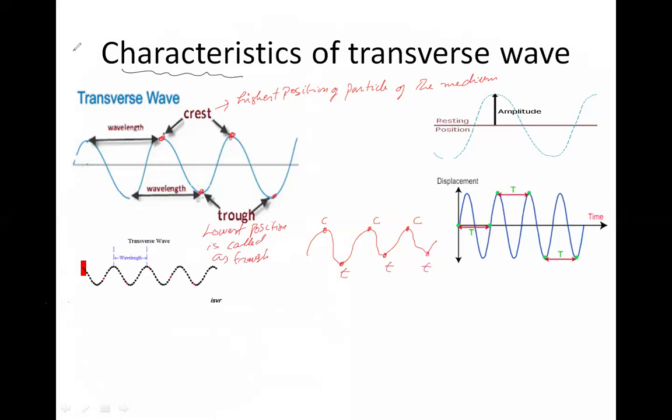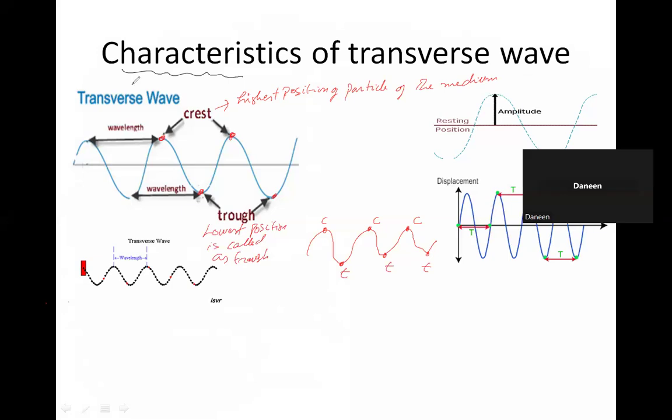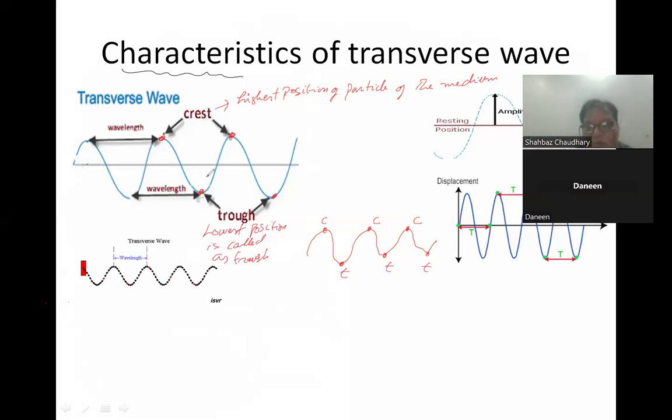So the highest position is called the crest, and the lowest position is called the trough. Any problem about the crest and trough? No. Okay. Next is the wavelength.